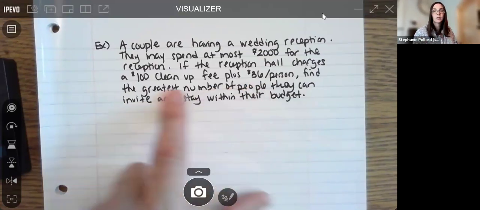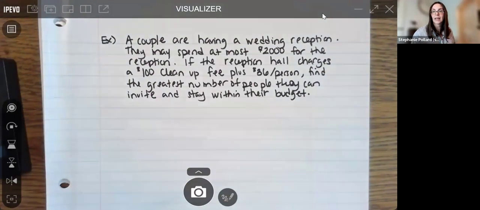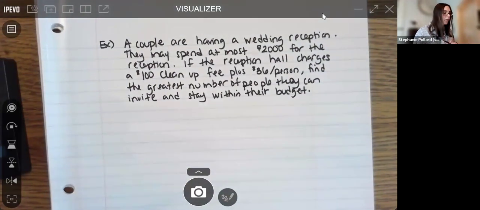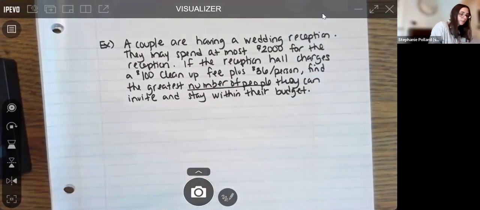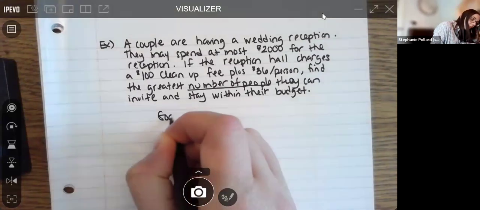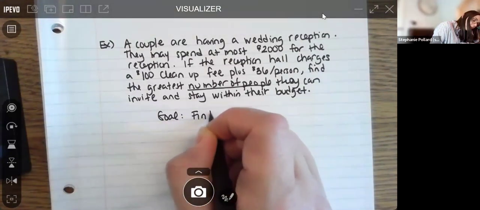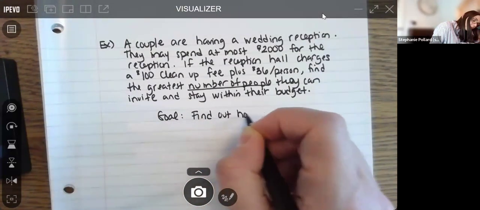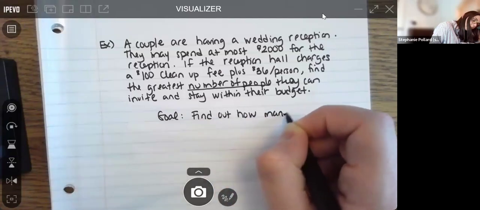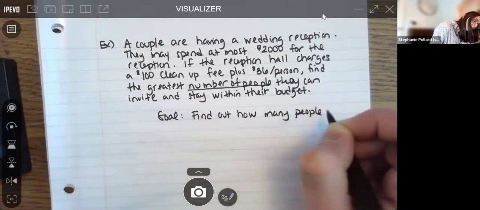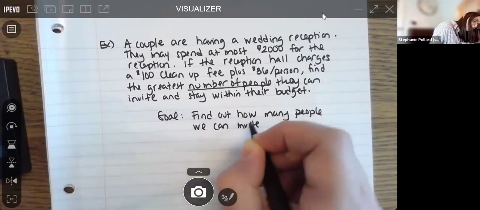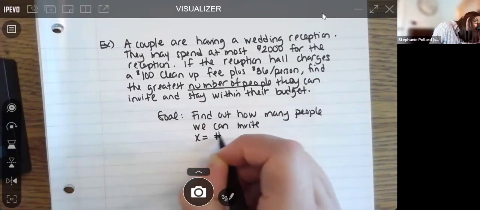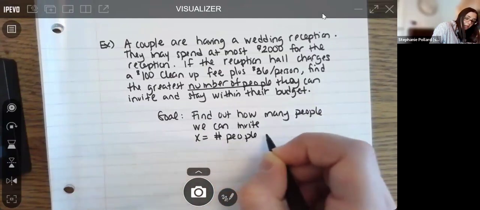And of course, we're not including taxes or gratuity or anything like that here. So we're just keeping it pretty simple. So our goal here is to find how many people we can invite. So x is going to be the number of people or the number of guests.